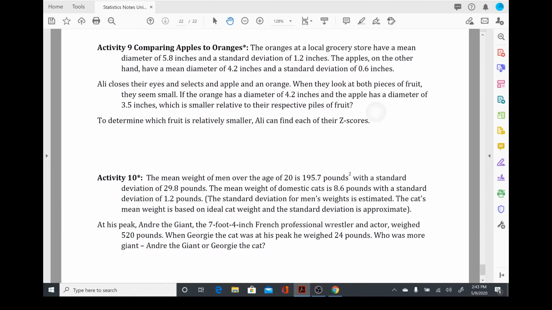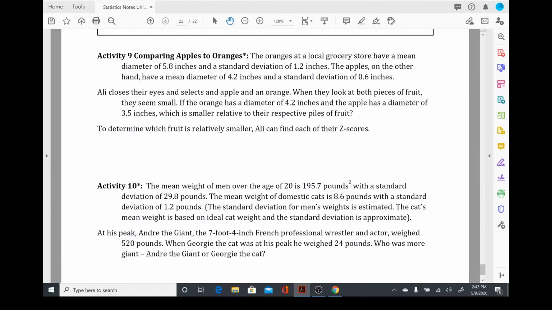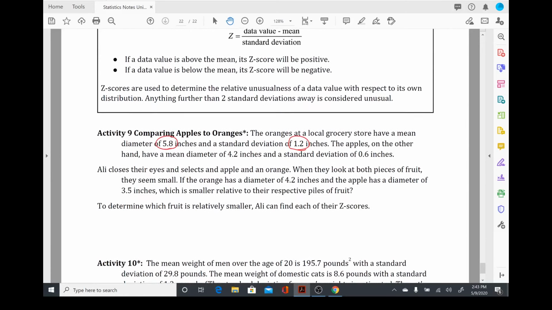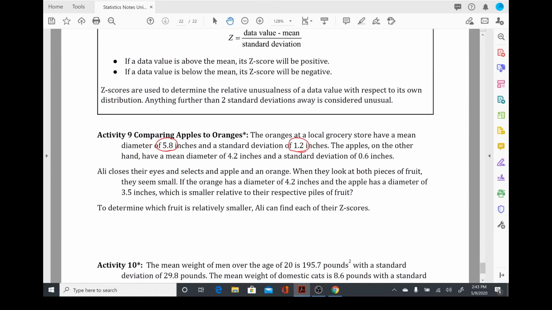I'm going to do activity 9 and leave activity 10 for you. The oranges at a local grocery store have a mean of 5.8 and a standard deviation of 1.2. Great. So that gives me 2 parts of my formula. For my z-score, they just gave me the standard deviation, that goes into the denominator, and they gave me the mean.